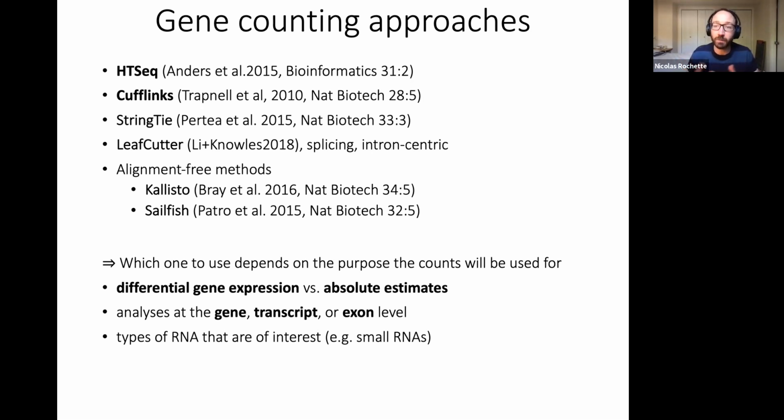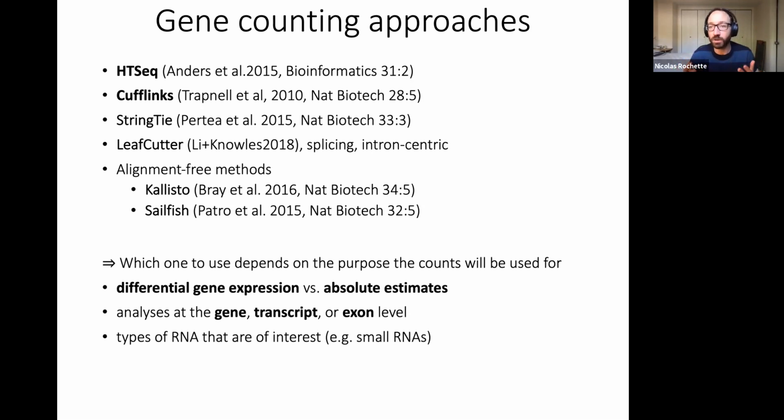And then some genes, maybe because they have paralogs, right? So if we have two genes that are paralogs, at the mapping step we're going to have issues really mapping the reads back to either of these genes. So we have two paralogs, and then the reads maybe are going to map to both.